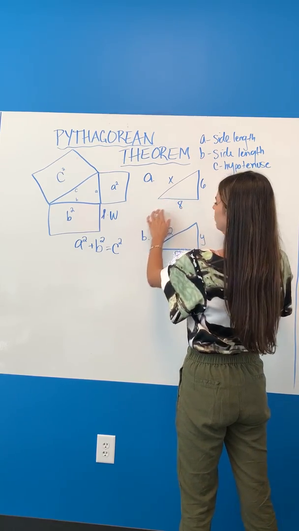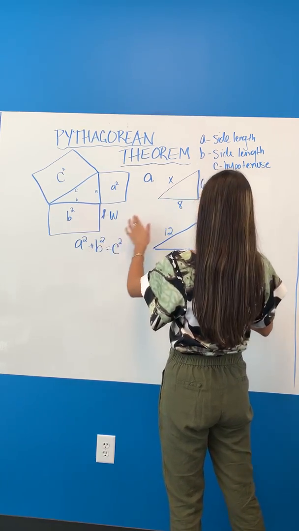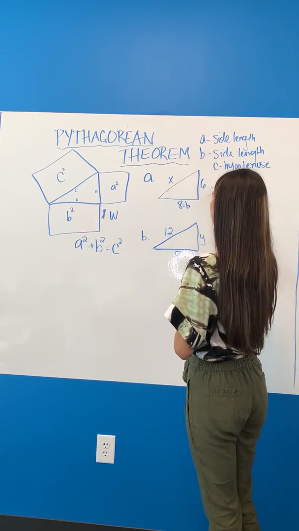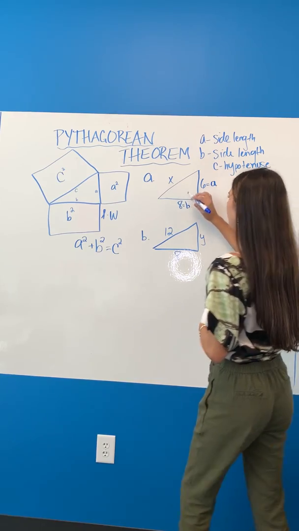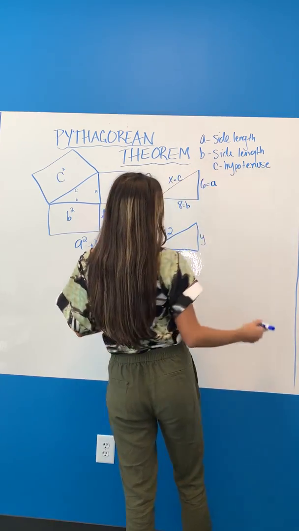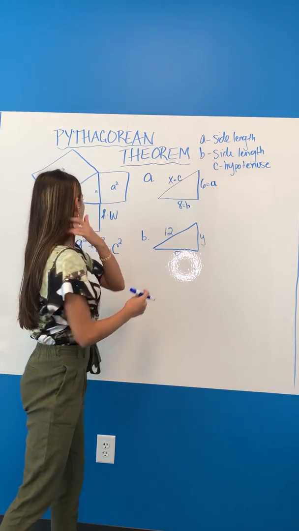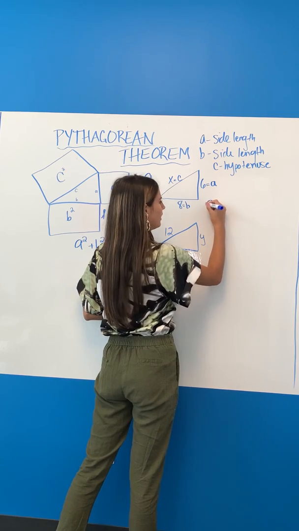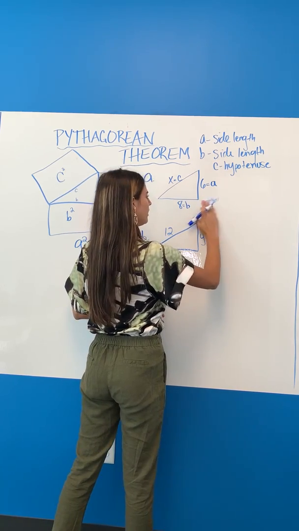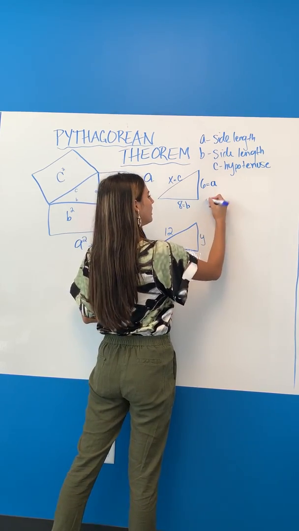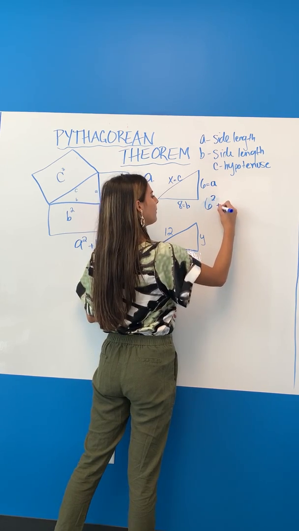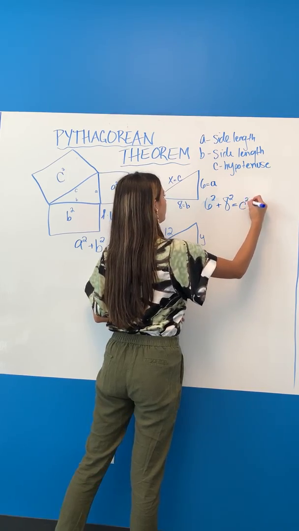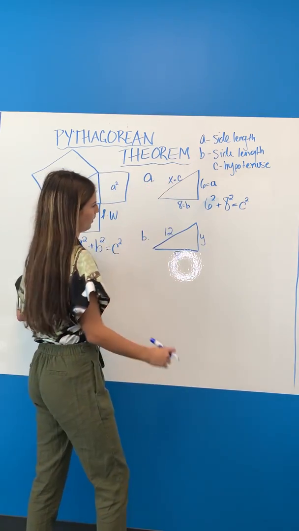Just to start for this one, we're going to take this formula and apply it. So 8 is going to be b, 6 is going to be a, and x is equal to c. Now to write this into the formula, we're going to have 6 squared plus 8 squared is equal to c squared, or x squared.